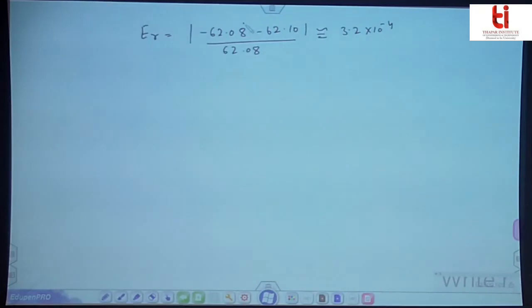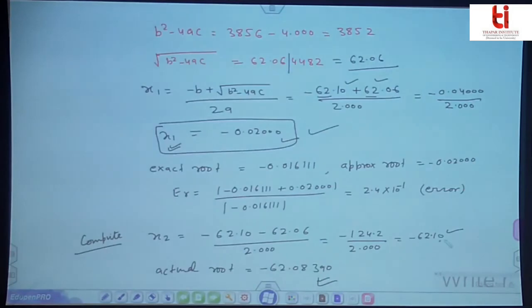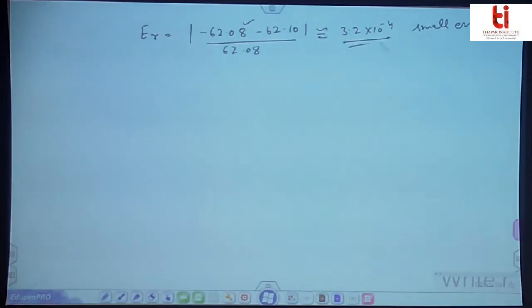Actually, we are not using all the digits; if you use all the digits, you will also get a small error. If we compare, here the error is 0.24, but for the second root we are getting an error of 0.00032. So it is a small error in comparison to the previous case.